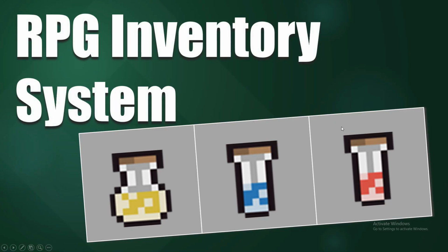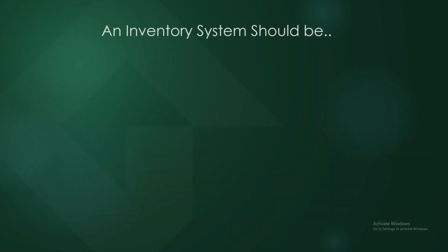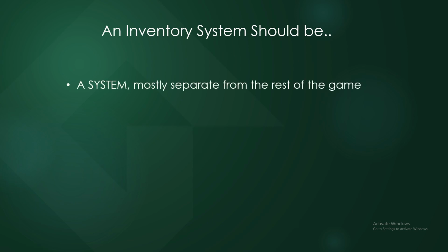All right, so we have an RPG inventory system. An inventory system should be these things. First of all, it should be a system, so it's mostly separate from the rest of the game, right? And I just demonstrated that. We're gonna separate this out so you can easily add or subtract from it. You should be able to, with an inventory system, easily add new items, remove old items, and refactor your system.